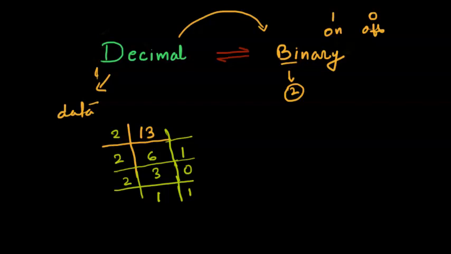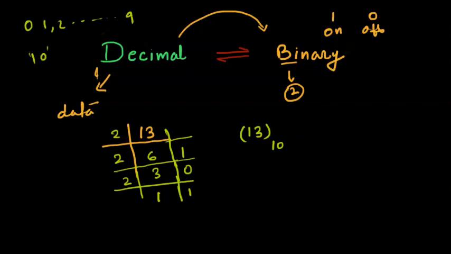So how will we write this down? Remember, sometimes you'll find a question where it is not written decimal, but you can understand it from the 10 in the suffix, written as a subscript. Decimal numbers start from 0, 1, 2 and go on till 9, so they are the 10 decimal digits.